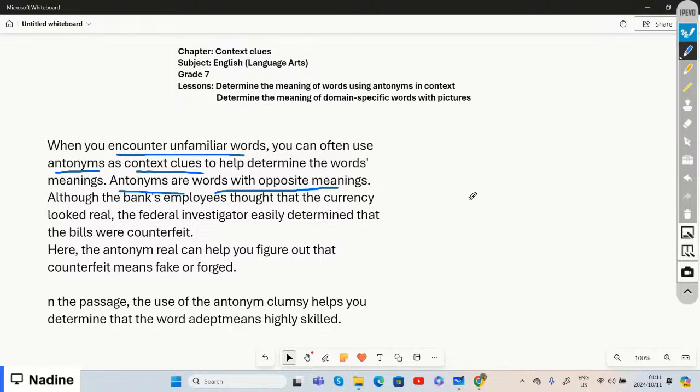And remember, we said that we can use the antonyms, which is the word with the opposite meaning, in order for us to determine maybe what the meaning of the word in the sentence is, or how it can be used.